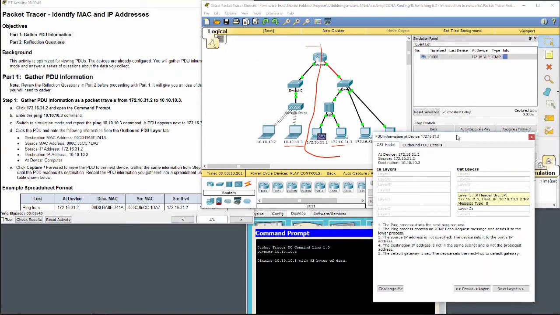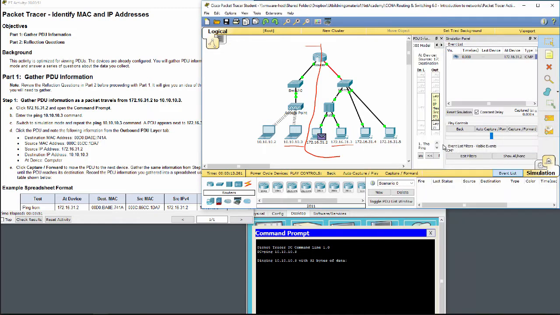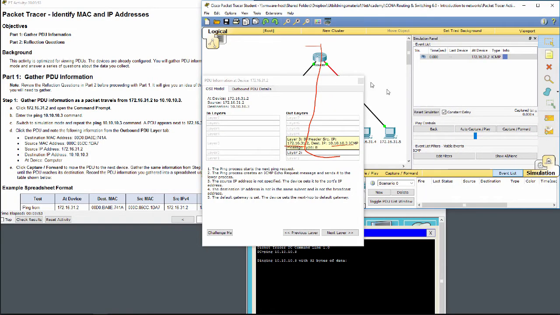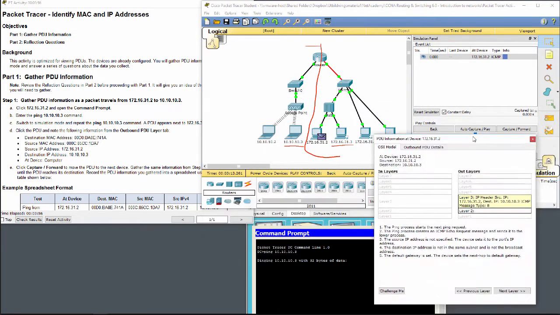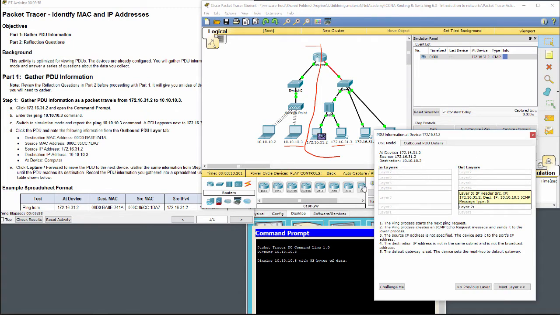So the outbound PDU layer tab is here. We can see that the PDU, the packet, is sourced from 31.2 on layer 3 and destined to 10.10.10.3 as expected.